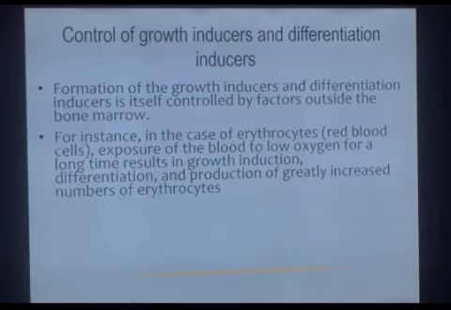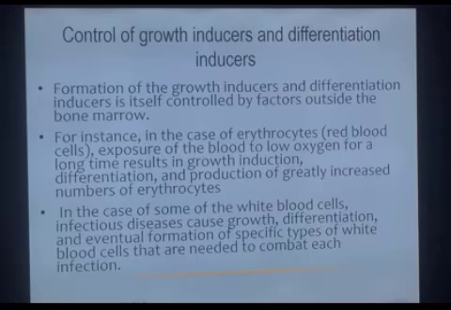For example, in the case of erythrocytes, exposure of blood to low oxygen for a long time results in growth induction, differentiation, and production of a greatly increased number of erythrocytes. For the production of white blood cells, the activating factors are infections or toxic materials present in the body.